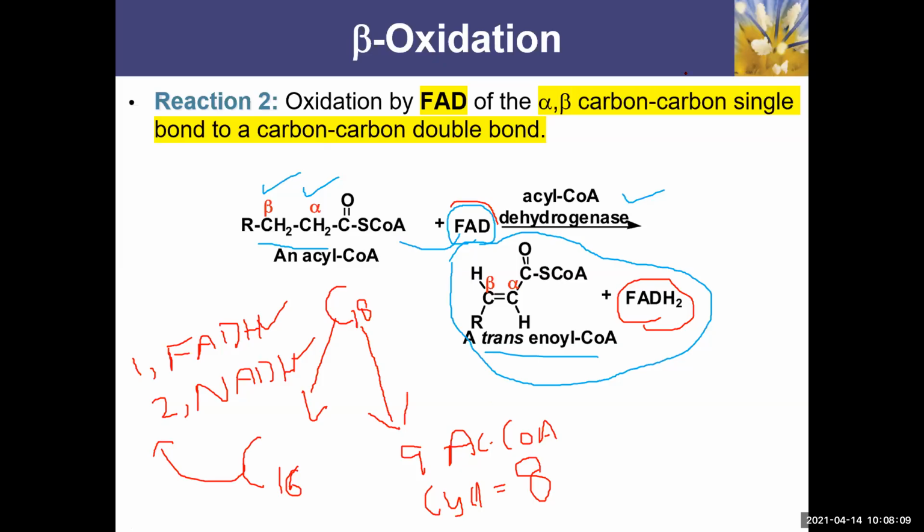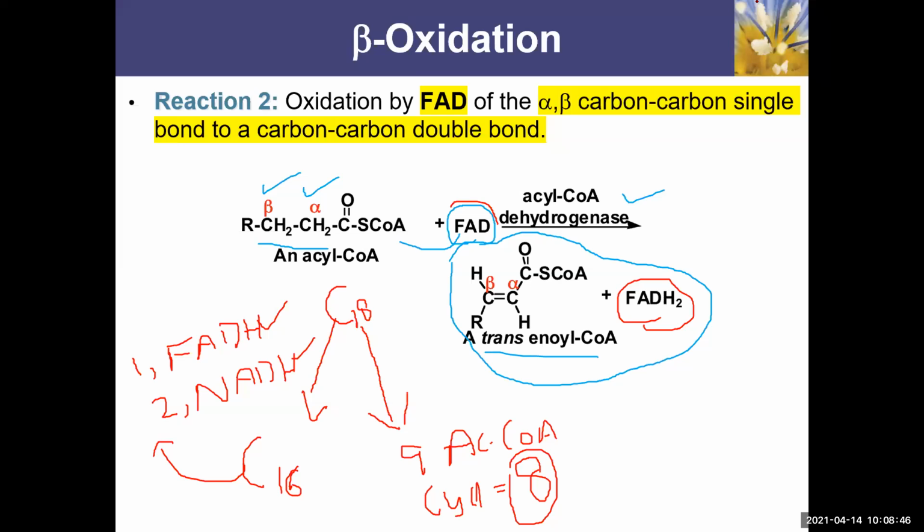So all you need to know is to simply remember the number of cycles which will happen. That many FADH will you produce, because in one cycle we produce only one FADH and only one NADH. So whenever you get a question like this, just calculate the number of cycles, because in one cycle I produce one NADH and one FADH.